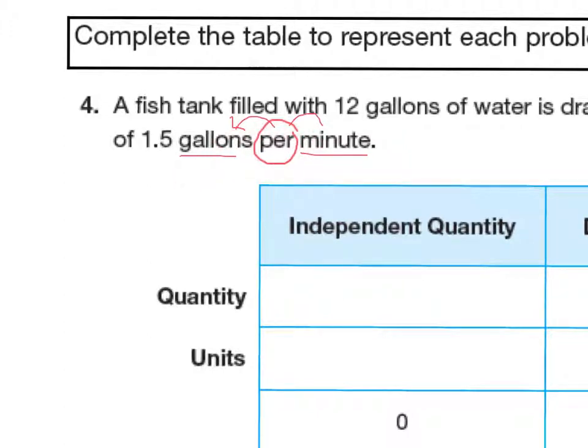We thought about this a lot, and we found a pattern: usually the case is that the gallons word will depend on the other word. So the amount of gallons in the fish tank depends on how many minutes it's been going. So kids discover that this one is the independent. Oh, I'm sorry, I got this mixed up. This is the dependent.